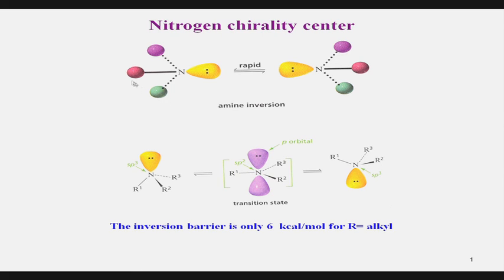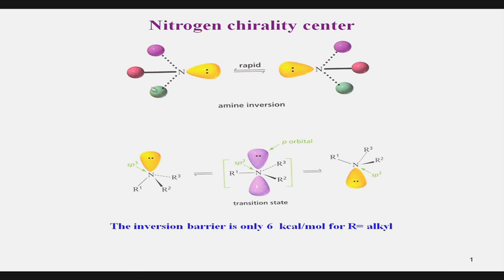In ammonia, these three ligands are hydrogens, and this is the lone pair. Now, if these three ligands are not hydrogens, but the molecule is a derivative of ammonia, where these groups are different, I have shown the difference here by color.